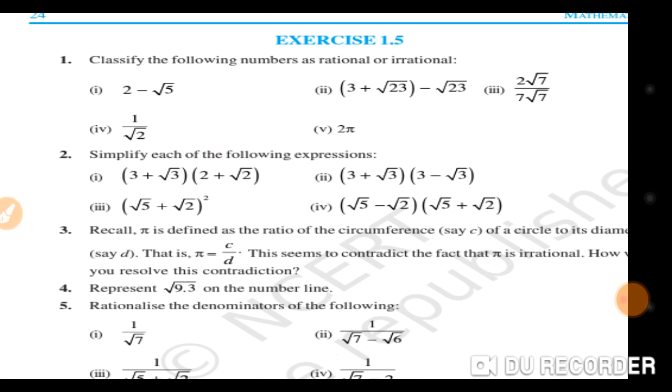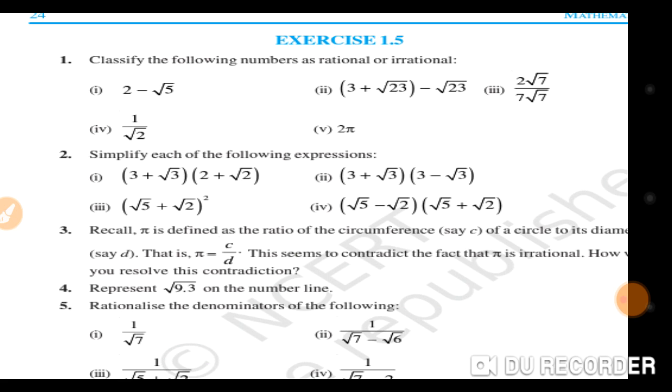Now students, by using these identities, we have to solve question number 1 and 2. In question number 1, we are given: classify the following numbers as rational or irrational.